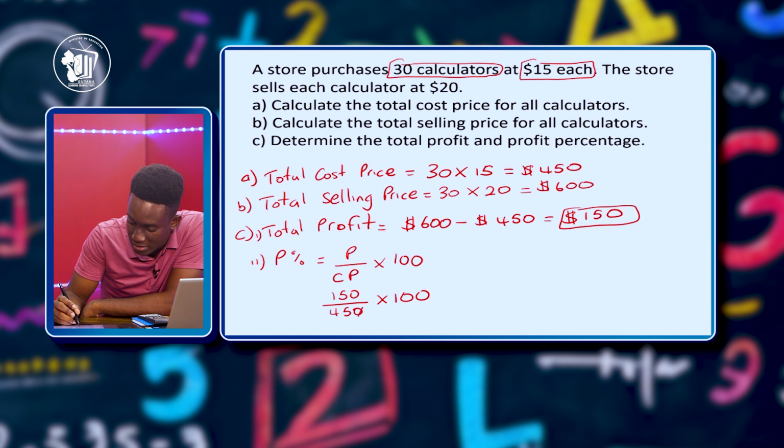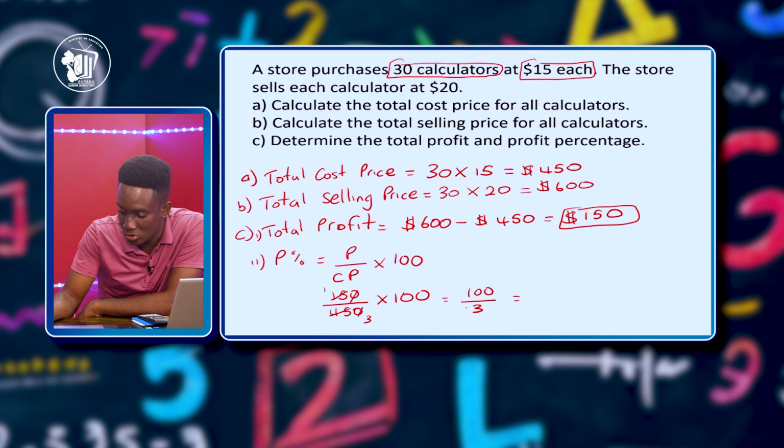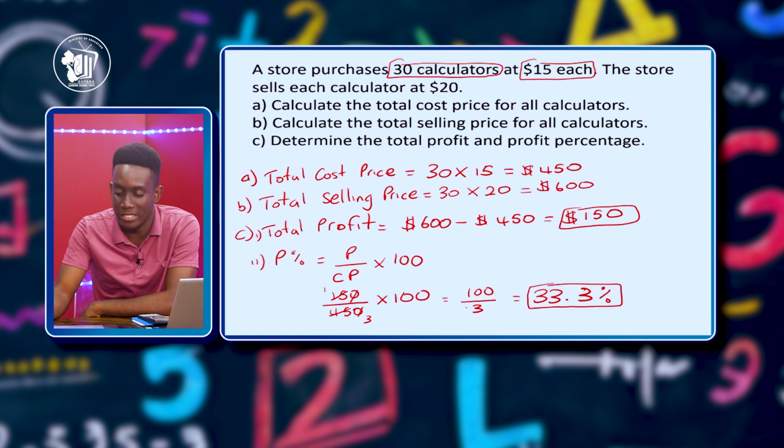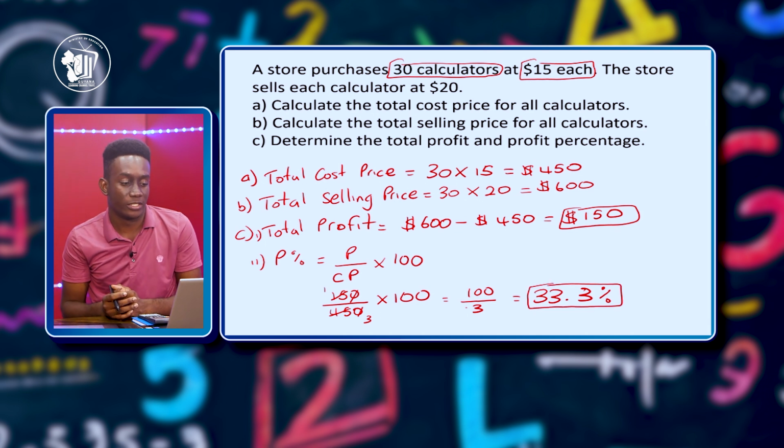You see this 0 cancels with that 0. 15 ones 15, 15 into 45, 3. So now we have 100 divided by 3 again, which will give us a total profit percentage of 33.3%. And that would be our answer for this question.